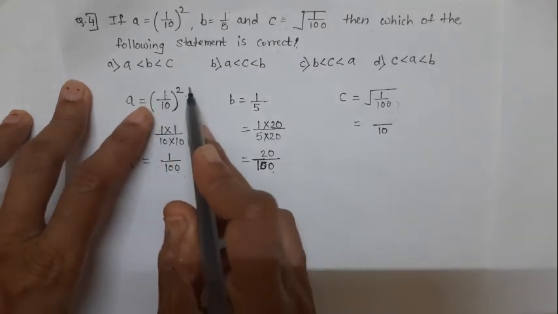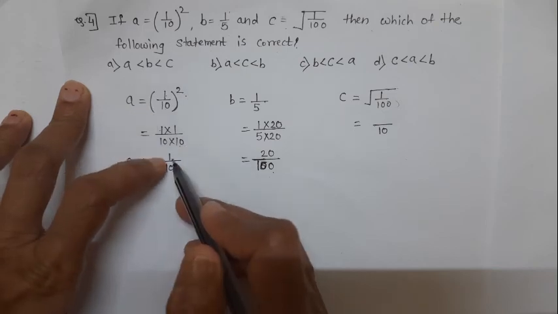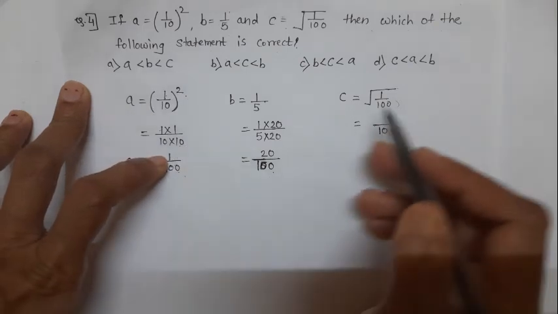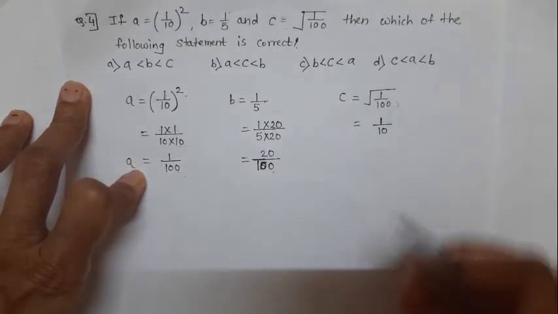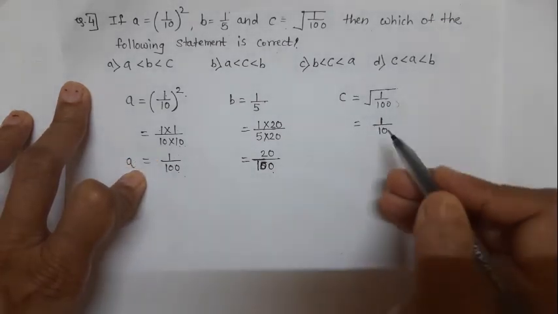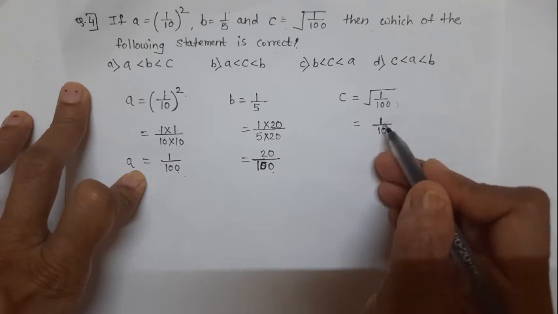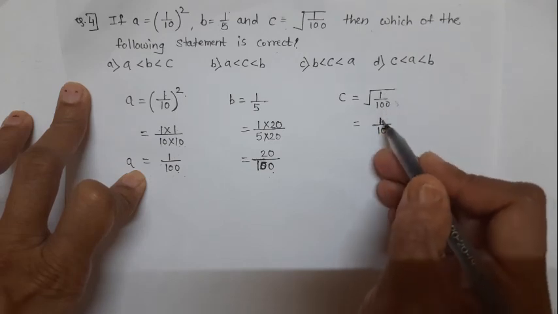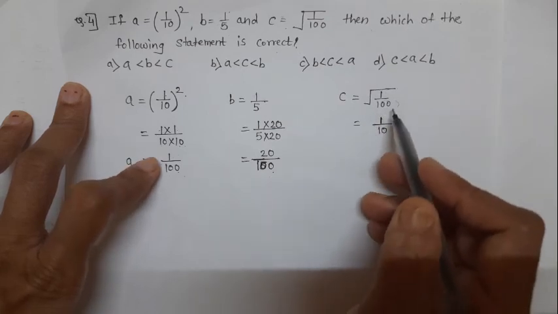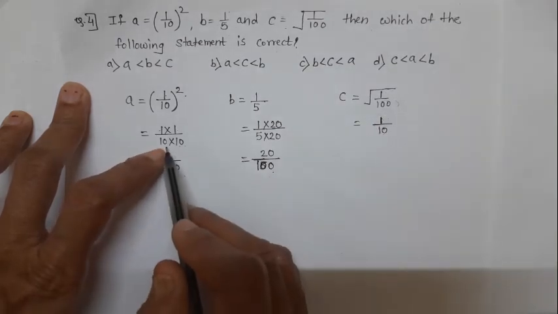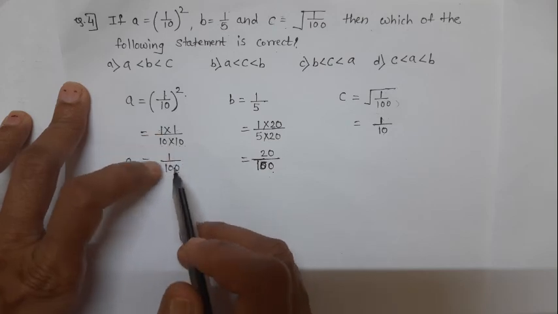And 1 squared gives 1, so what is the square root of 1? It is 1 only. If you do the square of 1, you get 1. So the square root of 1 is 1 and the square root of 100 is 10, because when you multiply 10 into 10, 2 times, you get 100.